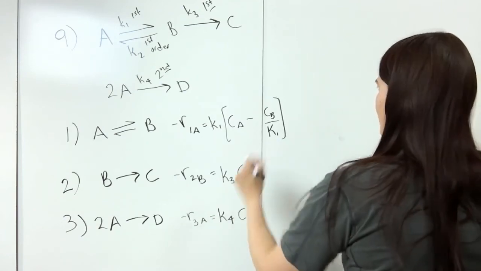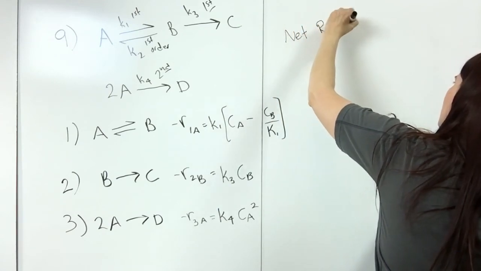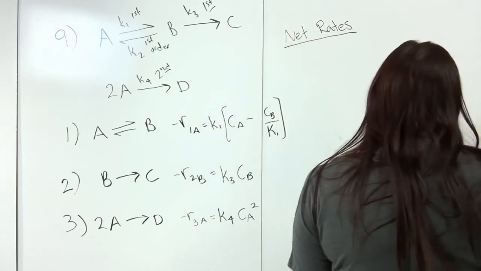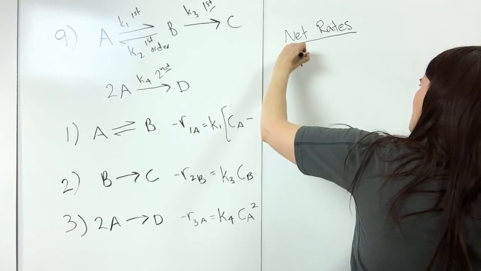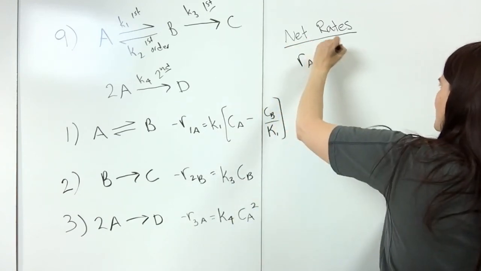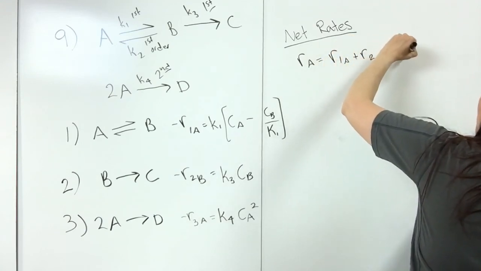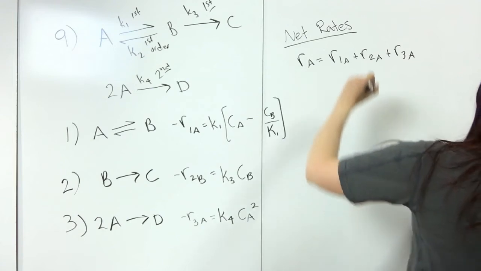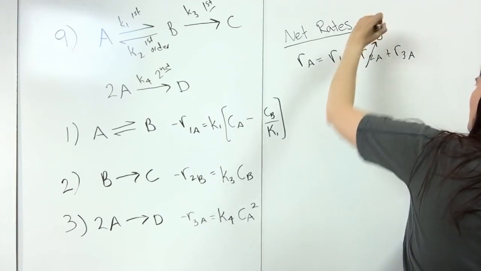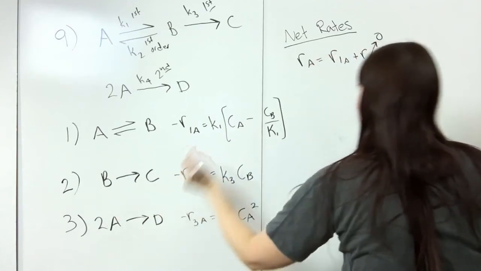So then we want to do the net rates. For the first one, RA, I could do the same thing I did before where I just say R1A plus R2A plus R3A. And then I know that R2A is 0, so this is just R1A plus R3A because I have A in 1 and 3.